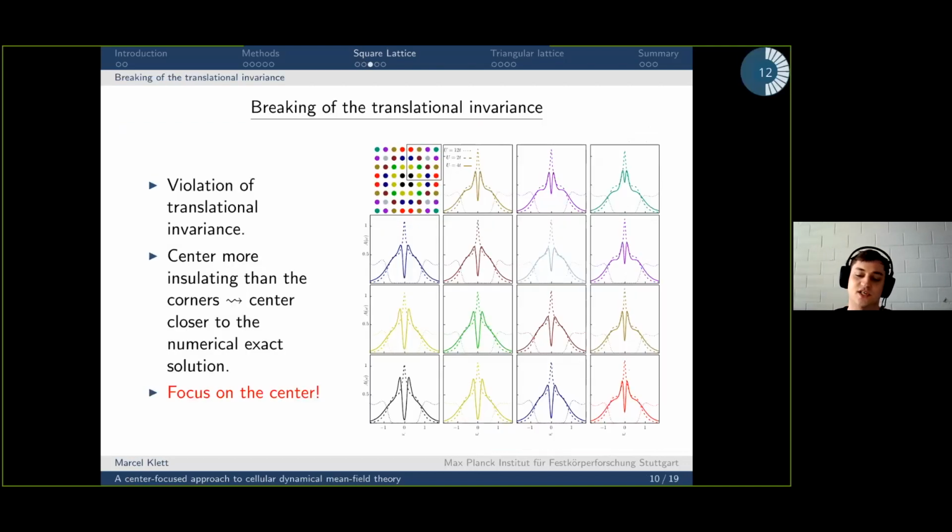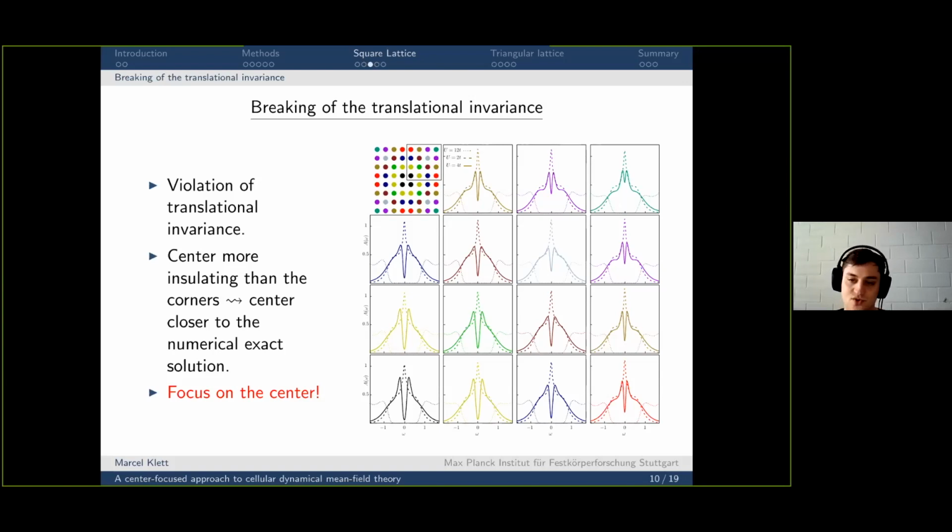The results I showed one slide before were obtained using the so-called periodization method as a post-processing step. What we can also do is just take a look at the results which come straight out of the CDMFT calculation. So we look at the spectral function here on each impurity site for an 8 by 8 cluster. And due to symmetry reasons, it's actually enough to just take the upper right part of this 8 by 8 cluster to find all the important information.